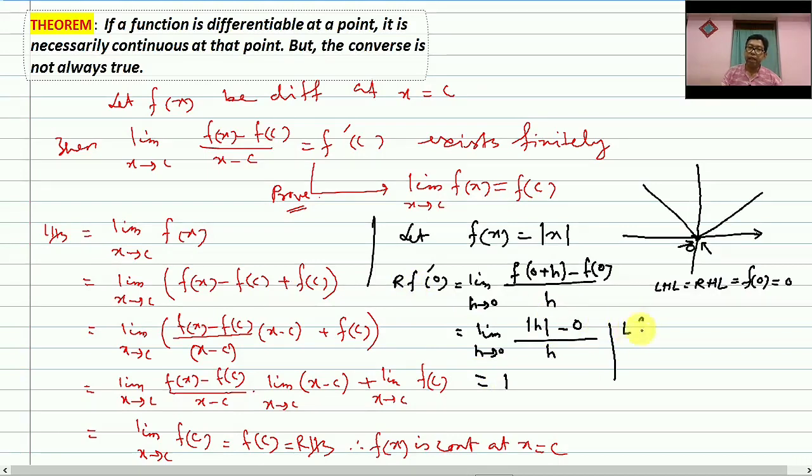Now take the left hand derivative. That means LF'(0) is equal to the limit as h tends to 0 of f(0 - h) minus f(0) upon minus h.